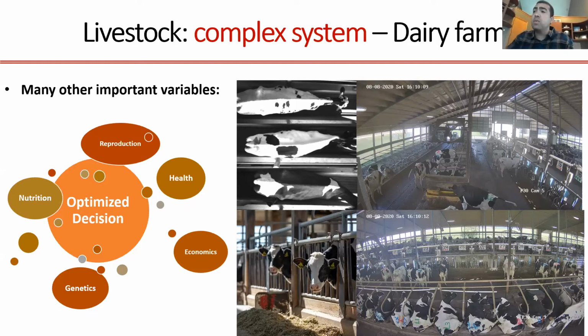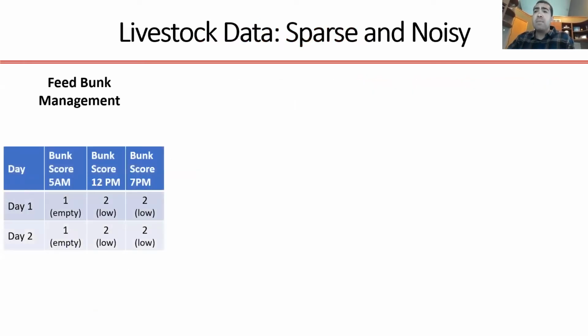So that's the motivation for implementing computer vision: using that technology to help us from the management standpoint. But the data that we have most of the time from livestock operations are sparse and noisy.